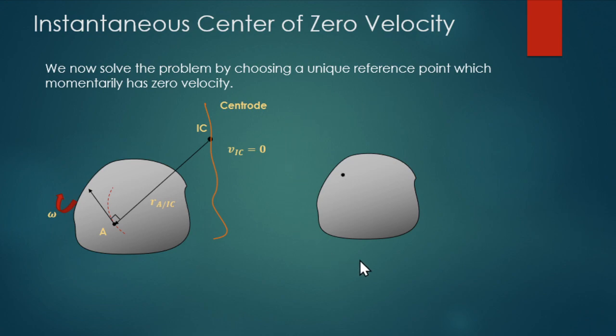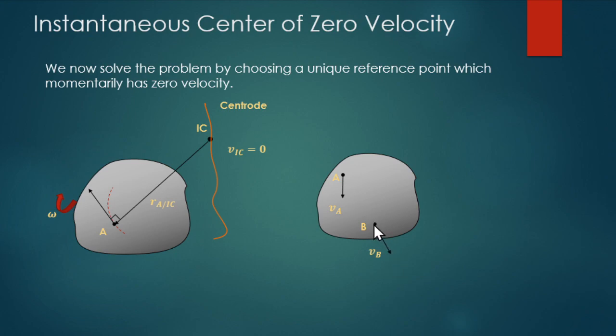What if your body is subjected to two non-parallel velocities, where this point is point A with velocity A and this point B, which is equivalent to the magnitude of velocity B.